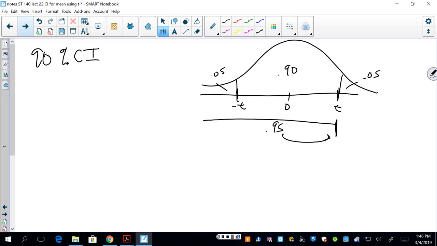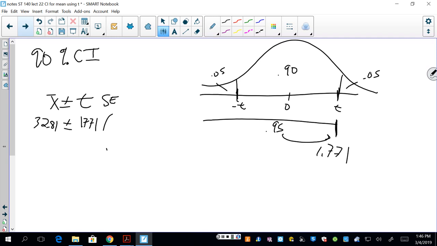Right. A little bit less. If we only want to cover 90% of the time, we don't need to go quite as far out. To cover 95% of the time, we've got to go out and get more area. So it's x bar plus or minus our t-value times the standard error. 32.81 plus or minus now our t-value 1.771.